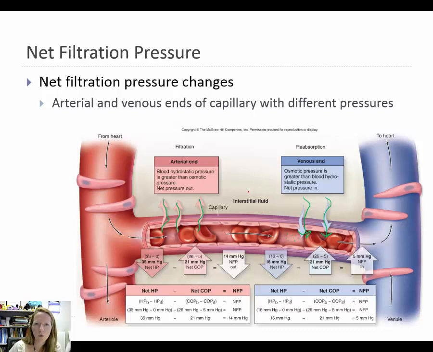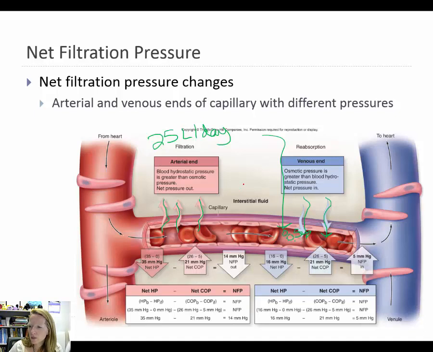So usually about 85% of the fluid that we pushed out is reabsorbed here. But you might be thinking, well, what happens to the other 15%? Because that's a lot. So let's say 25 liters per day is filtered out, and 85% is absorbed. That's roughly 21 liters.